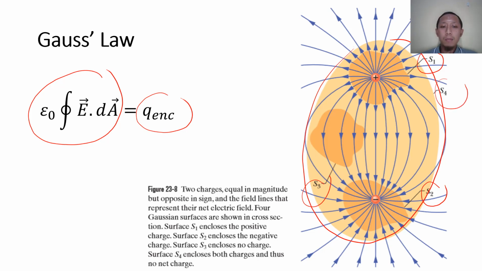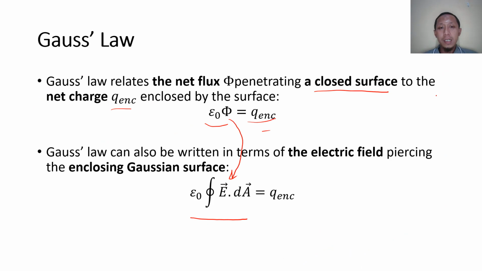S1 encloses the positive charge, S2 encloses the negative charge, S3 encloses no charge, and S4 encloses both charges, so there is no net charge. So by using this, we integrate the total flux and multiply by epsilon zero, and we get the total charge.